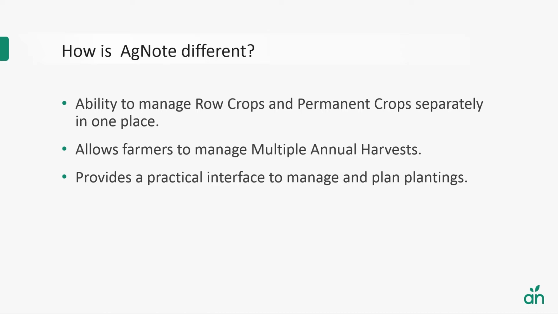I will have some screenshots later to better explain what I mean by annual harvests. And lastly, I do want to mention the previous, current, and next planting concept, which AgNote provides to help you better manage your plantings. All that is better explained with some examples, so let's look at some screenshots.